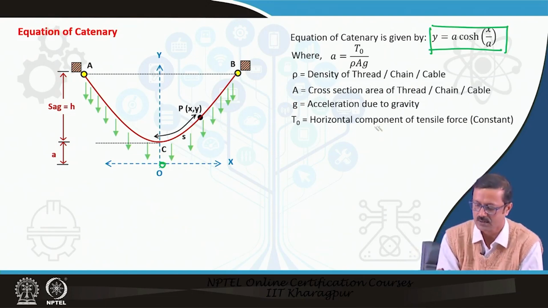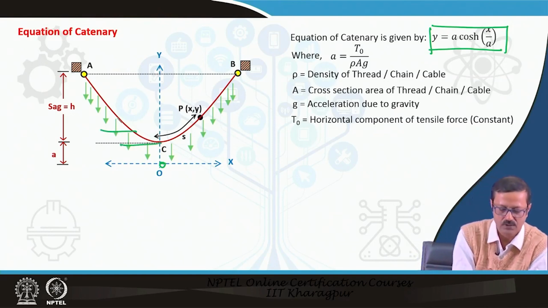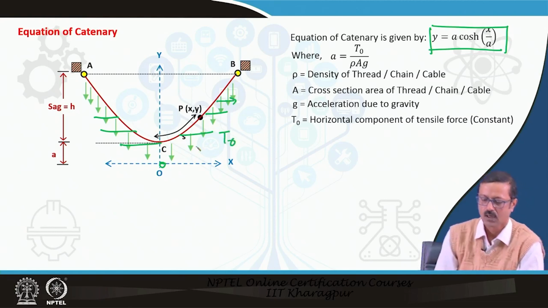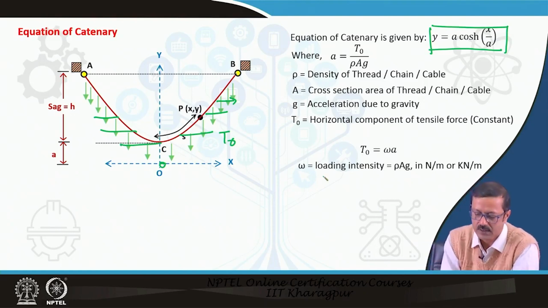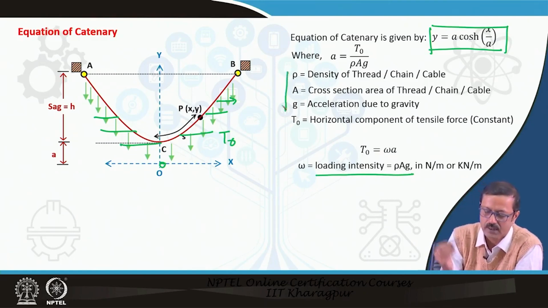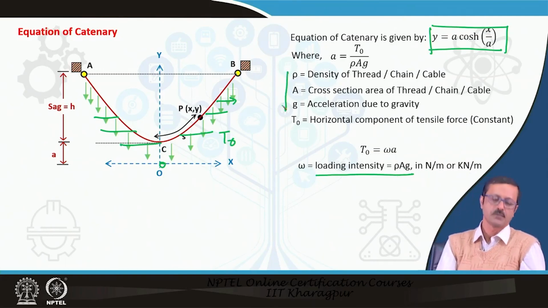T naught is the horizontal component of the tensile force, which is constant everywhere. T naught can be found by omega into a. Omega is the loading intensity, which is nothing but rho A g, which can be converted into Newton or kilonewton per meter.